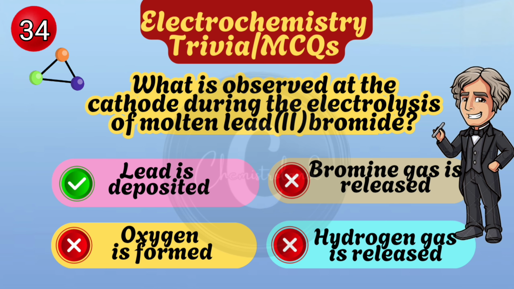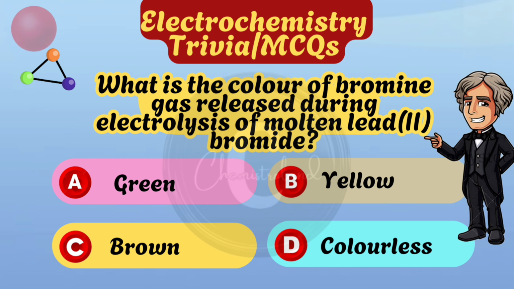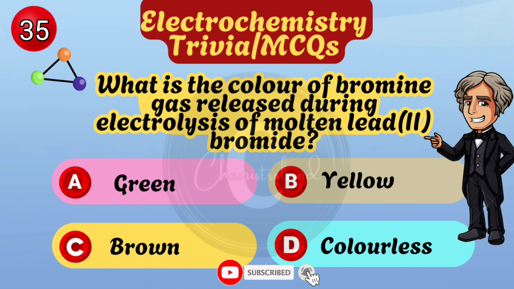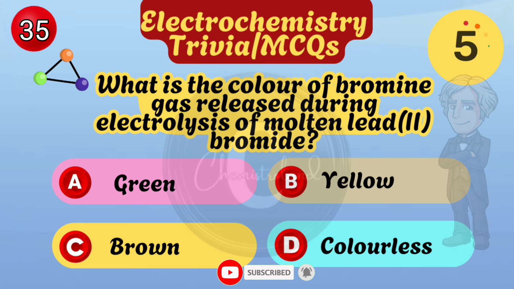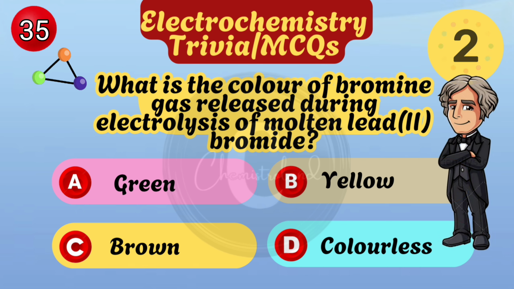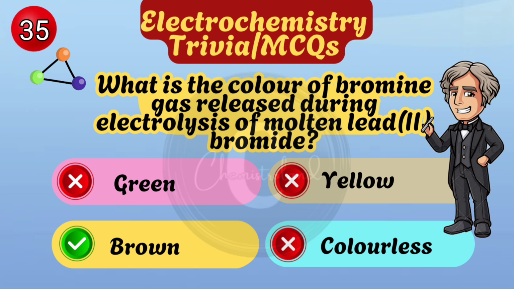Lead is deposited. What is the color of bromine gas released during electrolysis of molten lead(II) bromide? Brown.